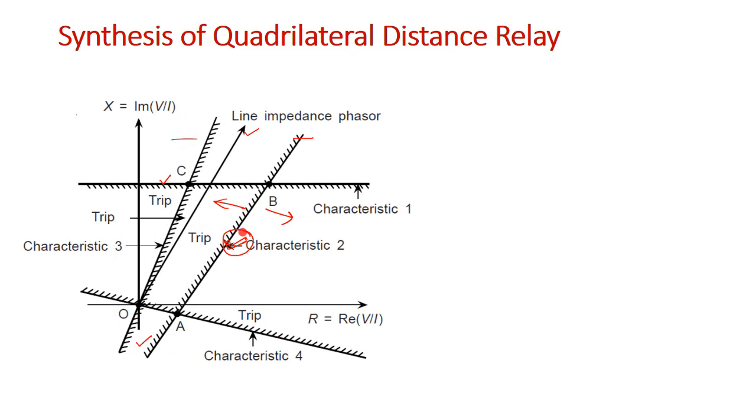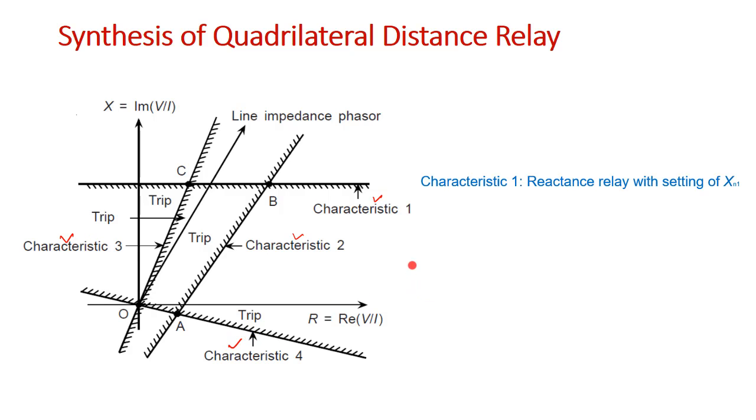Okay. So now let us see how this all works, right. We can see here this is composed of 4 types of relay characteristic. You can see the intersection of 4 types of relays. Here we can see this is your line impedance phasor, and we have characteristic 1, characteristic 2, characteristic 3 and characteristic 4.